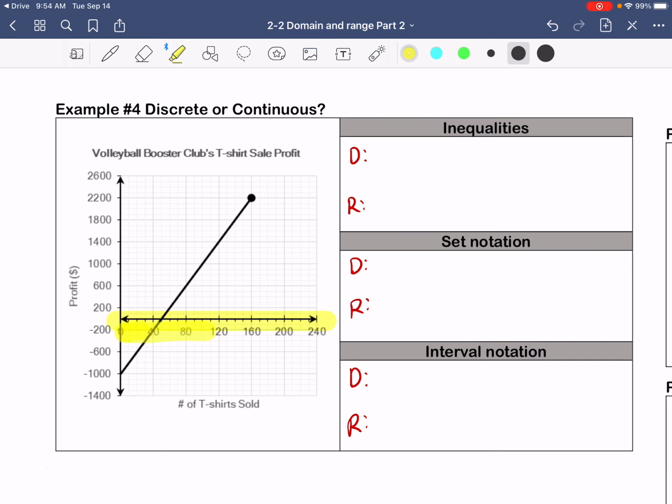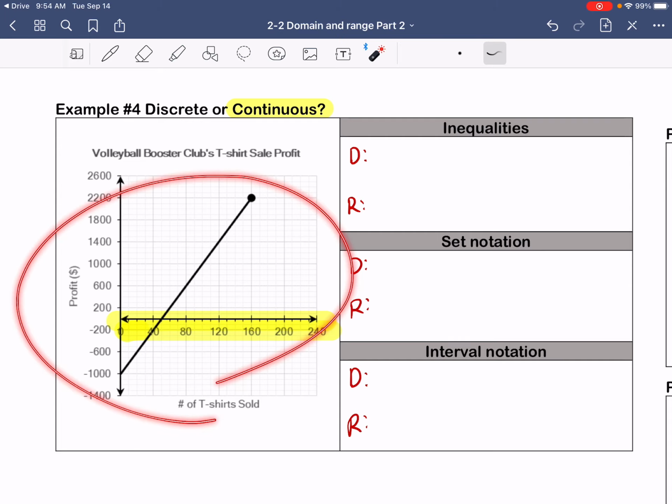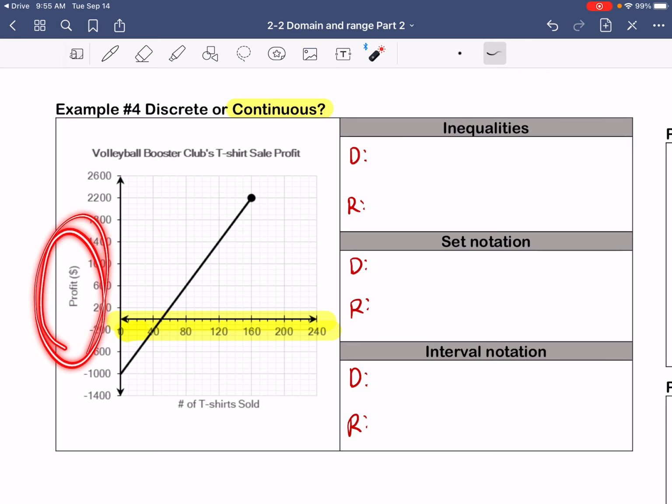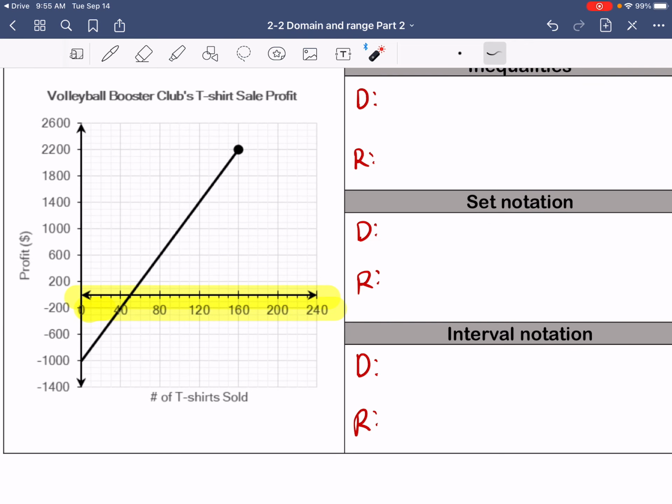Again, we're going to use only these numbers, the numbers that we highlighted. Domain is what? Oh, by the way, this is continuous. X values, right? So this graph tells us the booster club t-shirt sale profit. So X value stands for what? Number of t-shirts sold, and Y value profit. So what's the lowest number possible from this graph? This one is considered this closed circle here.